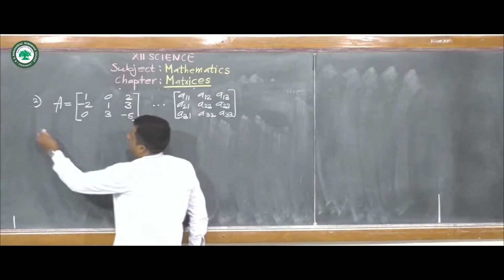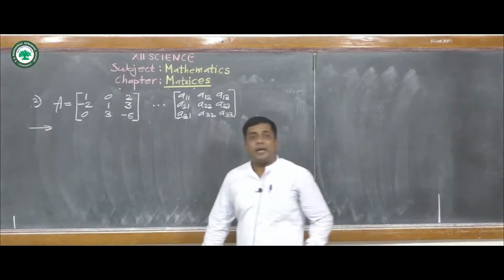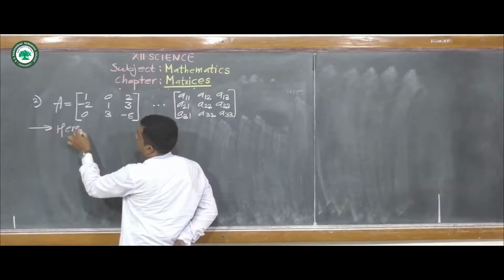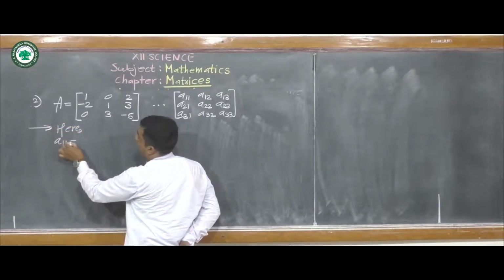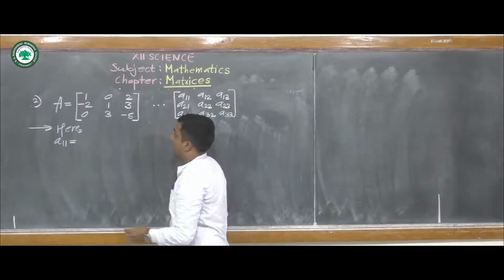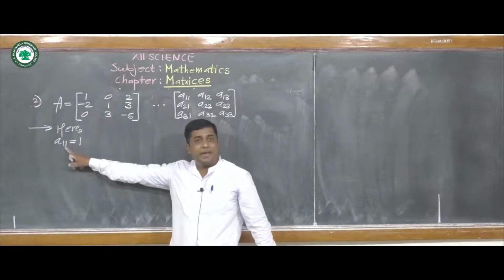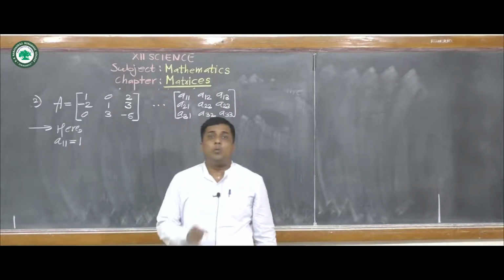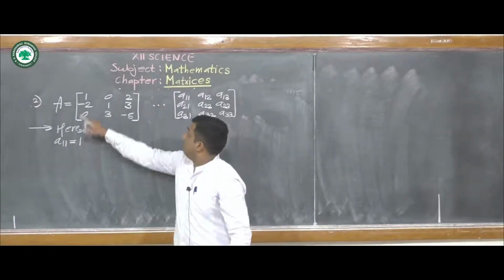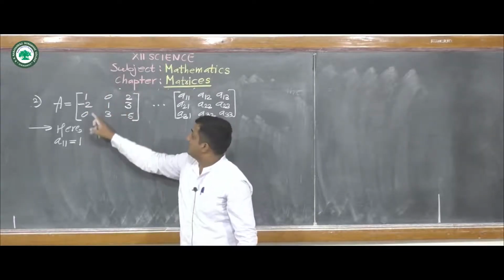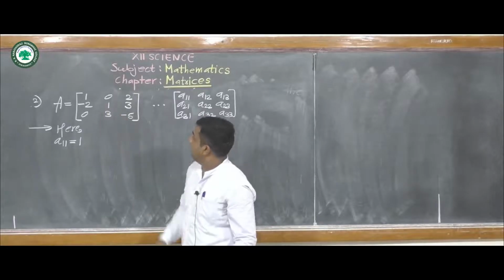We consider each element to define the cofactor matrix. Here first is A11. This first element is 1. Firstly we find the minor of this element, and to find this we delete the first row and first column. After deleting this we get the determinant.